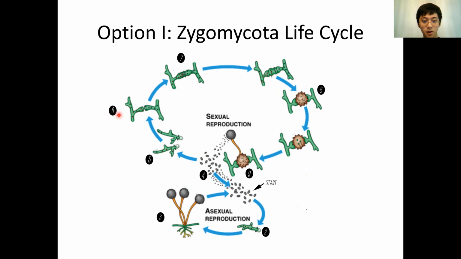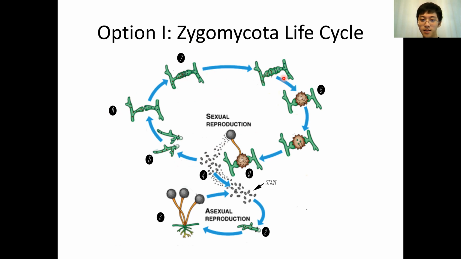At number 6 here, however, we have two adjacent mycelia with opposite mating types. So this means that they form gametangia, which is shown in number 7. The gametangia is still haploid, the nuclei are haploid, because if you can see from the colors here, they're still separated by this cell membrane in the middle.